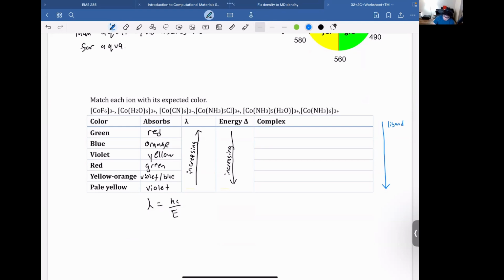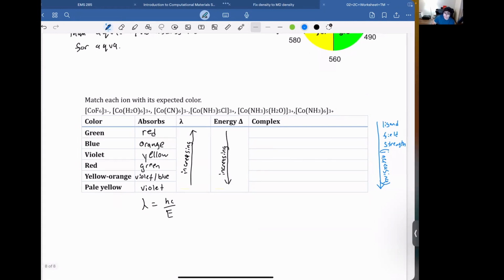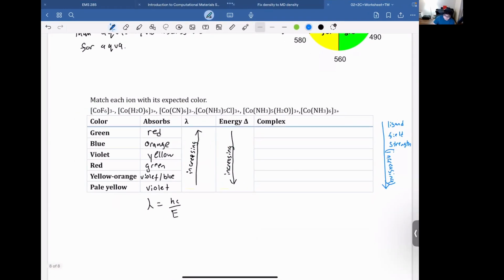So ligand field strength is increasing as we go down. Okay. So that's synonymous with the delta E.